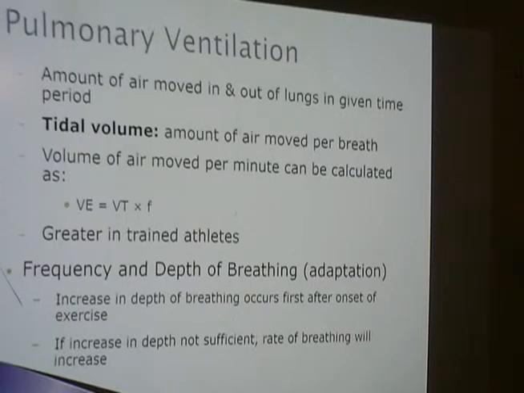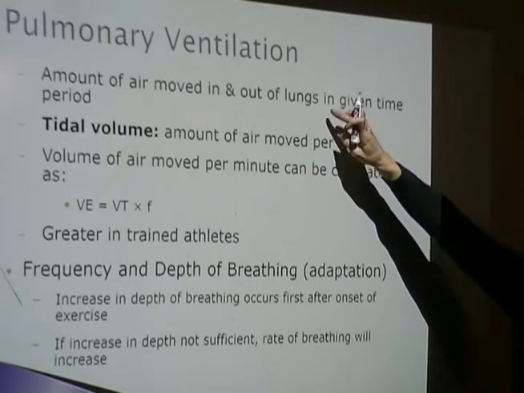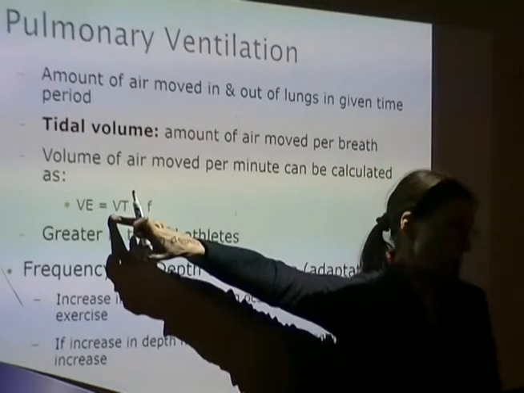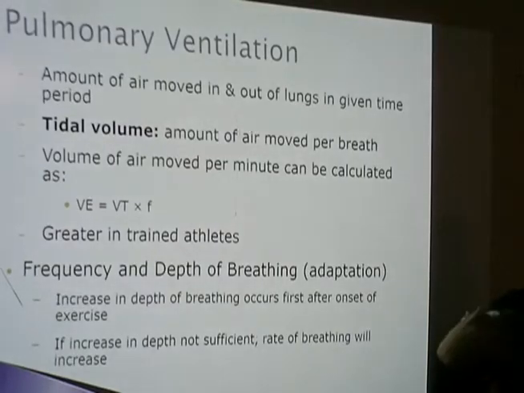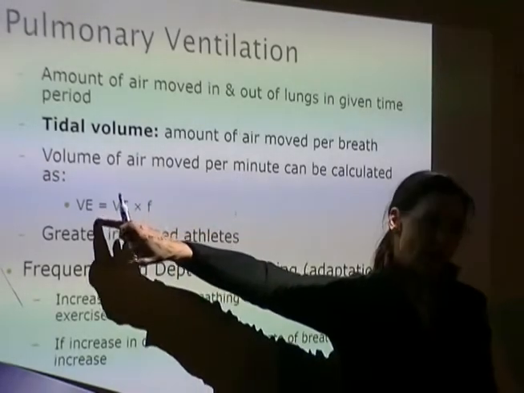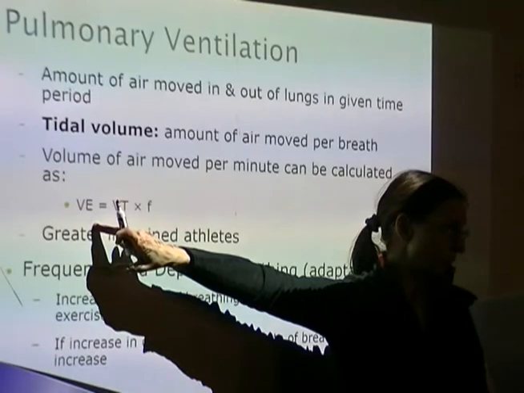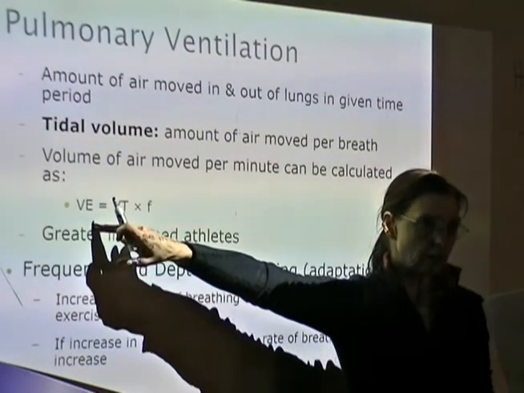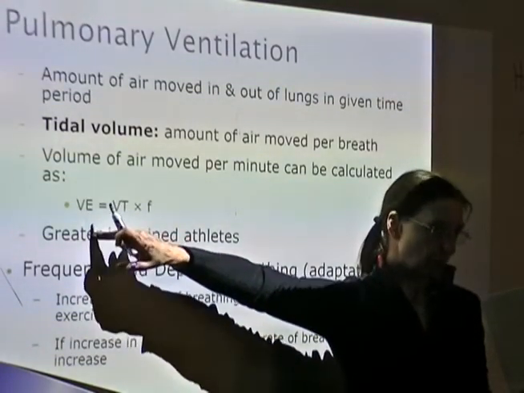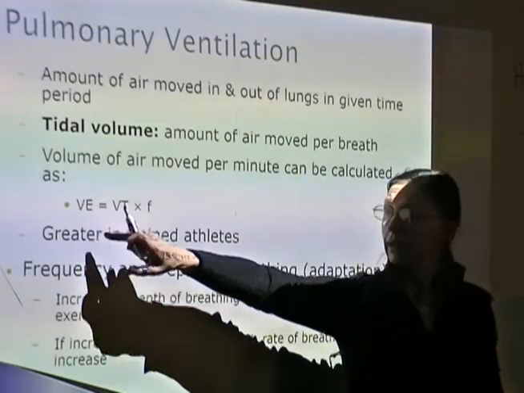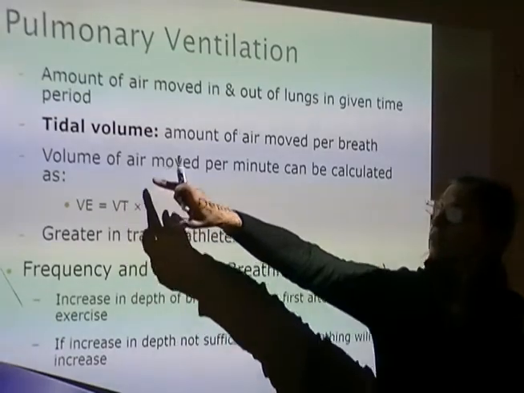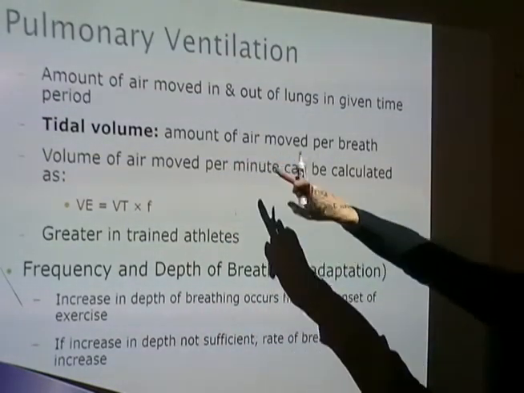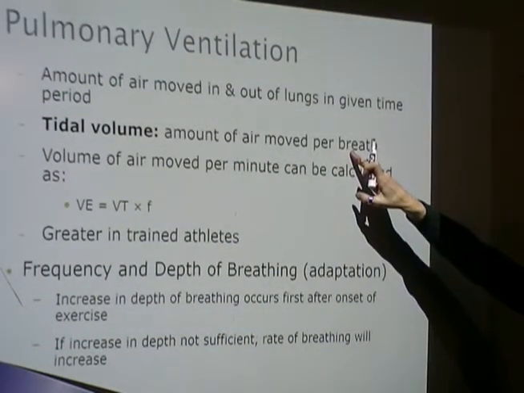So, VE is the equivalent of Q for gas, for your lungs. How much air is moved in and out per minute? Q is how much blood moves out of the heart per minute. VT is how much air is moved per breath.